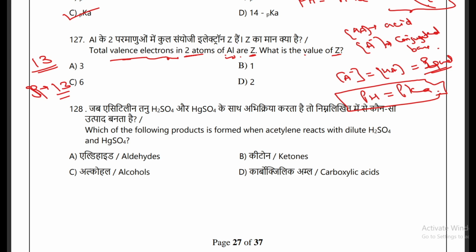So it means one aluminium has 3 valence electrons, and they are saying there are 2 atoms of aluminium. It means one has 3 valence electrons, so 2 have 3 into 2, 6 valence electrons. Clear? So C option is your correct answer.